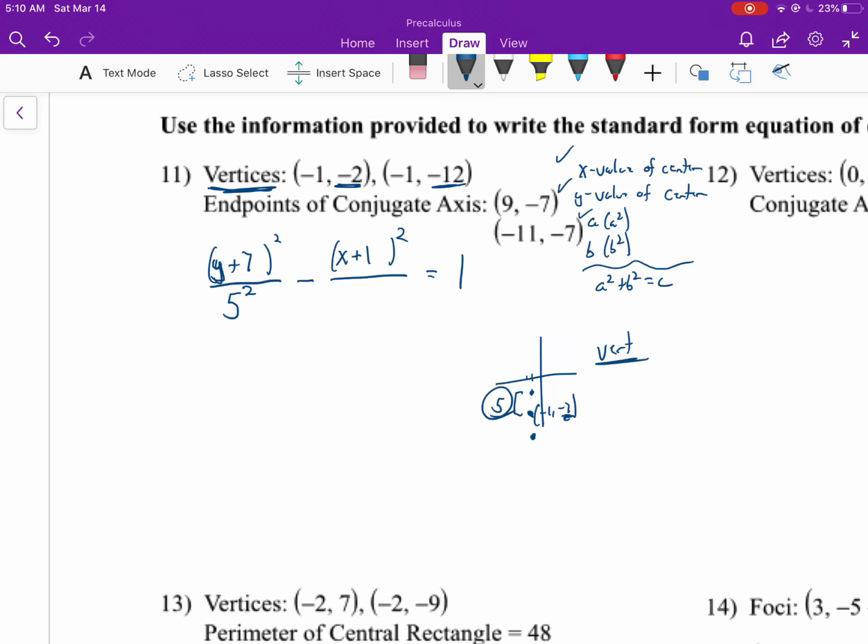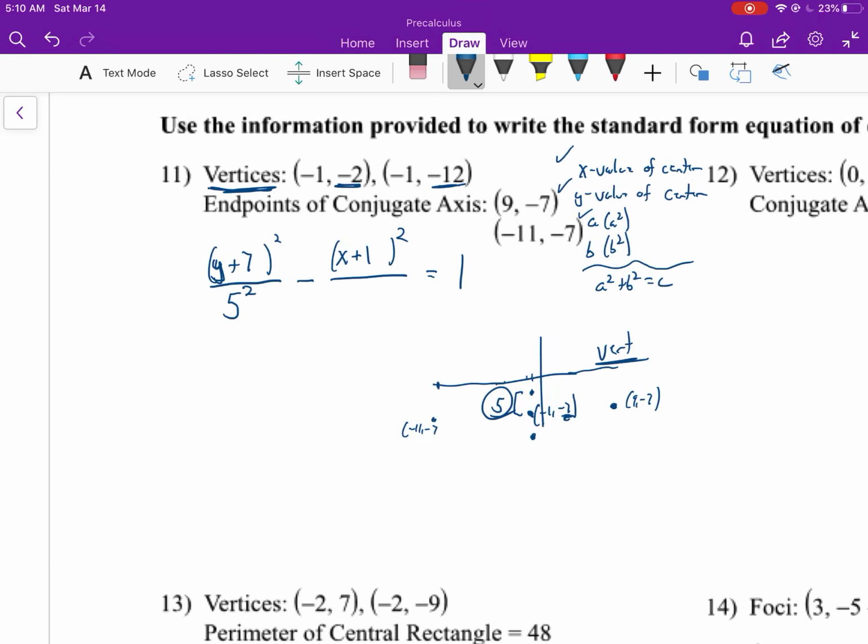We need to find b. Well, we're also given the endpoints of the conjugate axis are (9, -7) and (-11, -7). So we're coming all the way out here to (9, -7), and (-11, -7).